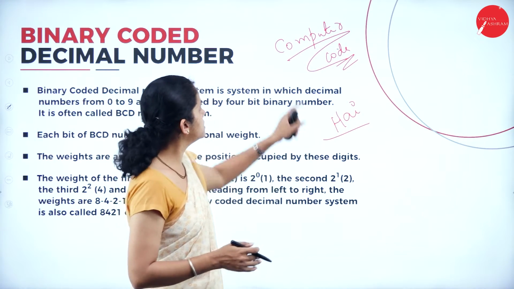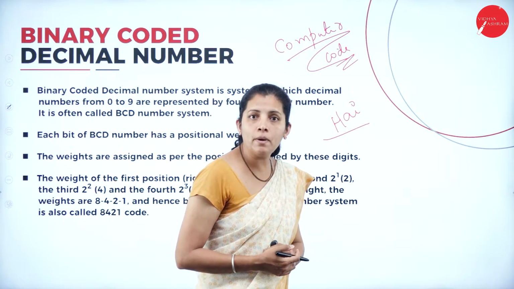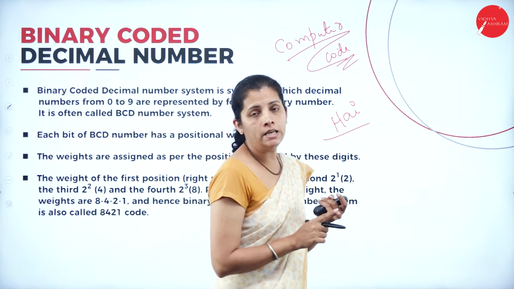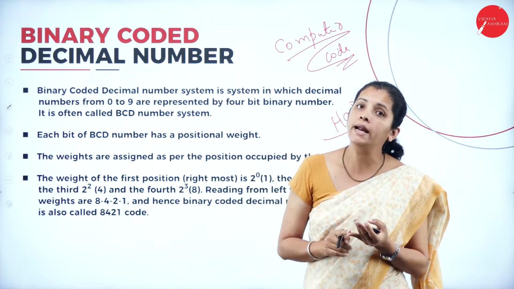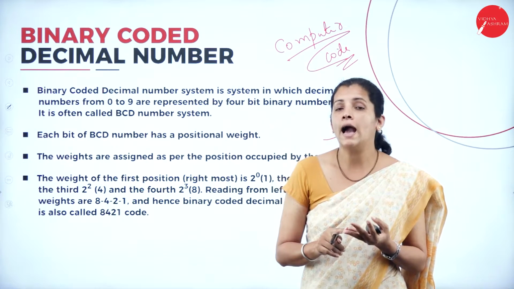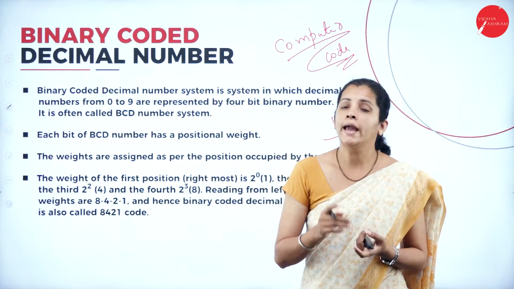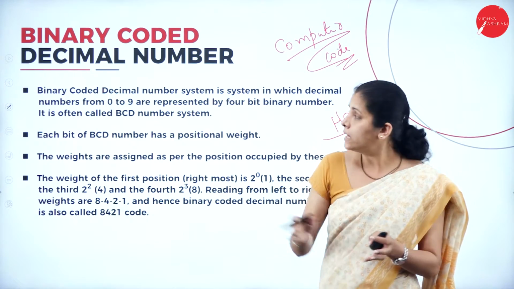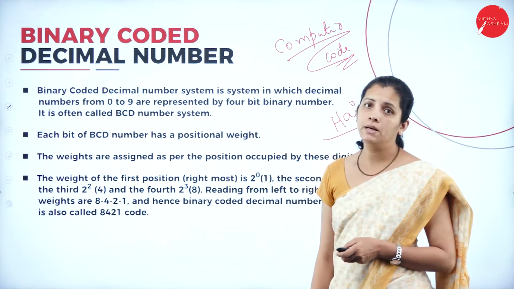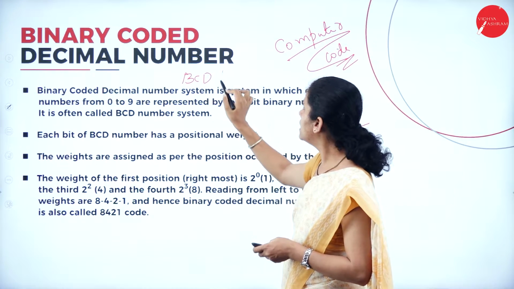For that reason, I require computer code. And when I talk about computer code, we have BCD, that is binary coded decimal. Along with that, I have ASCII code, along with that UNICODE, etc. But at the beginning, I am going to cover binary coded decimal number, or BCD number.